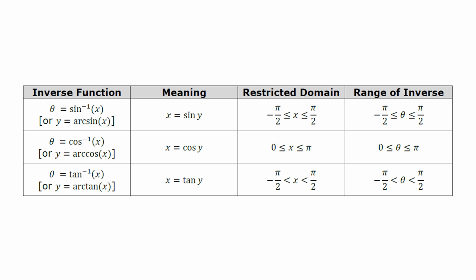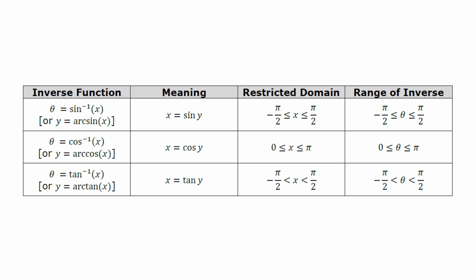So the inverse sine of x is going to equal theta because we're trying to find the angle whose measurement is x. So that means x equals the sine of y, where y is theta. The restricted domain for sine is going to be between -pi/2 and pi/2. For the inverse cosine, very similar. The inverse cosine of x equals theta. So we'll have x equals cosine y, where y is theta. And the restricted domain is between 0 and pi.